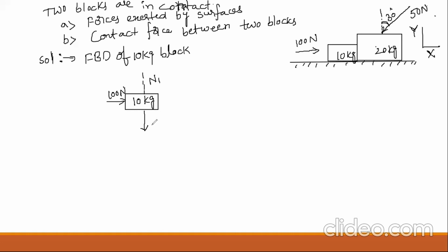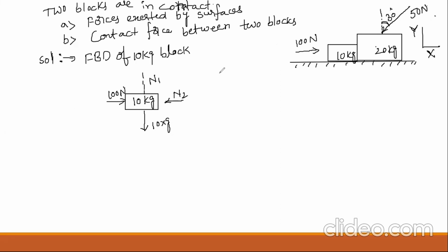Yeah, the downward force is mg, so here m is 10, so 10g is acting downwards. And because of the 20 kg block, one more force is acting from this direction. That is N2.